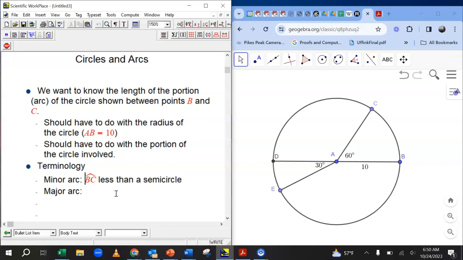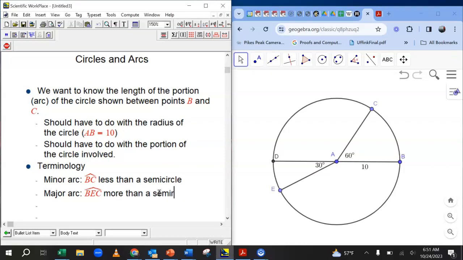It just turns out that what you do is you label any point that's on the other side, going around the other way, like D, for example, or E. I'll use E. And if you use 3 letters, that's telling you to go out of your way, go the long way. So if you have B, E, C, this says go towards E, and then go from E to C. And if that amounts to going around the long way, that's instructing you to go the long way. And so that's going to be anything that's more than a semicircle.